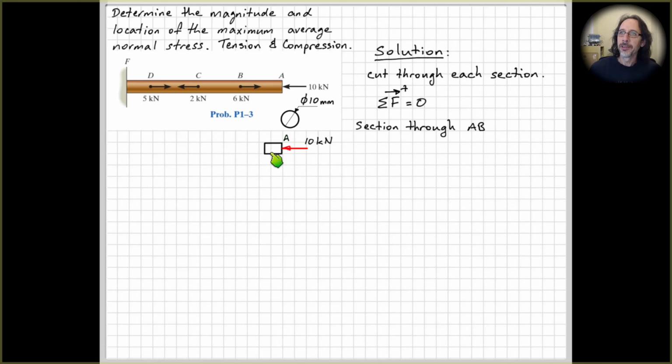So here's what we have left. We've imagined that we've taken a cut through there somewhere like that. And then internally, we have some internal actions acting on this cut section.